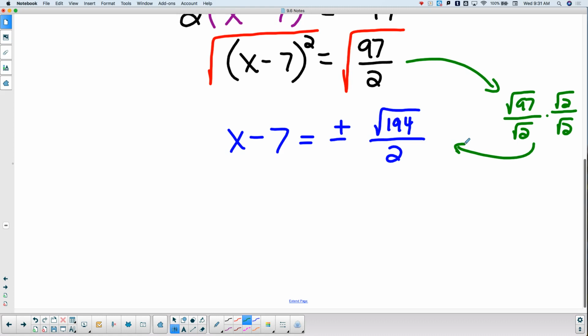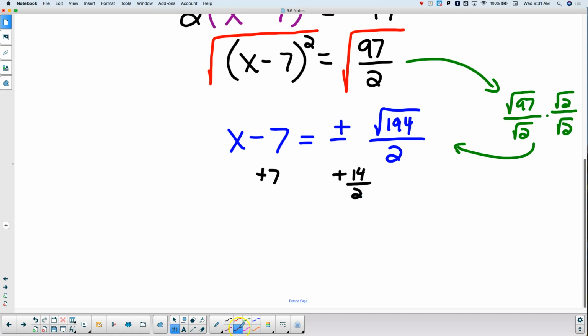Then what? Add 7. But really over here, I'm going to add 14 halves. Right? 14 halves is 7.